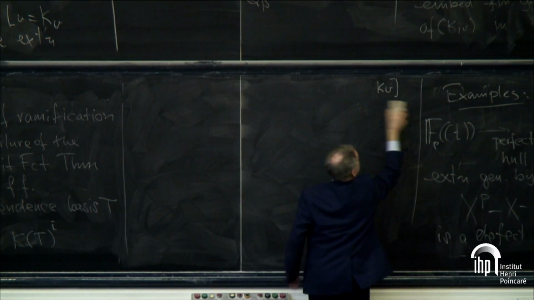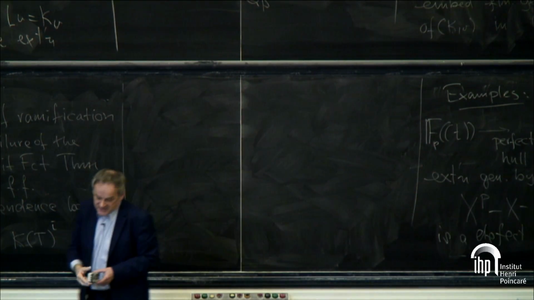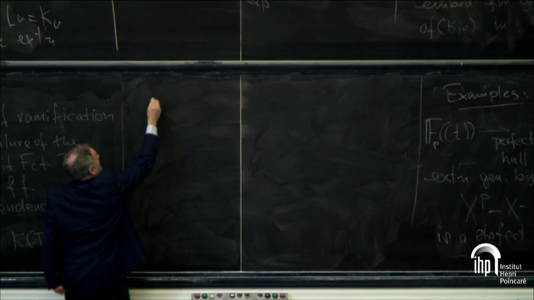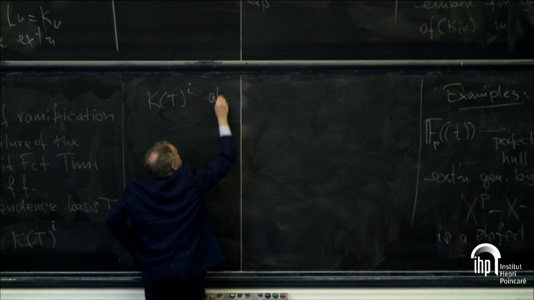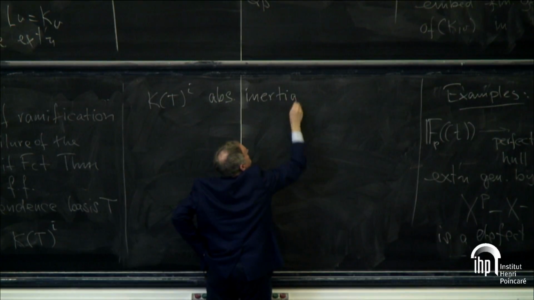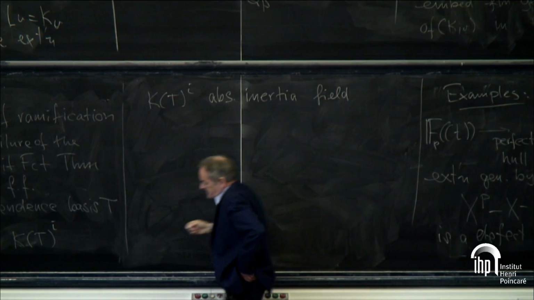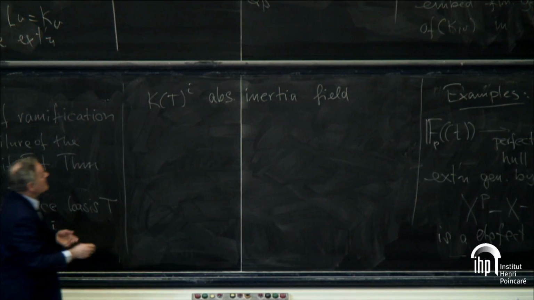Very quickly, in the picture with the whole absolute ramification theory, there was the absolute inertia field. It's the inertia field with respect to the inertia group in the extension from a field to its separable algebraic closure.